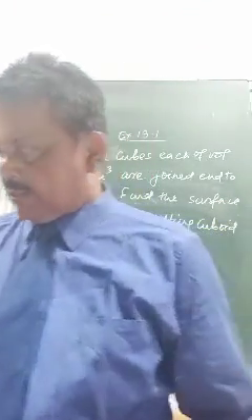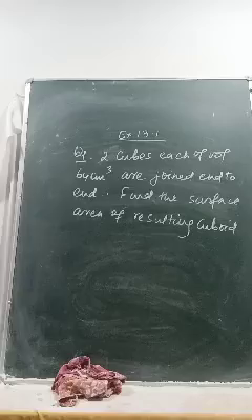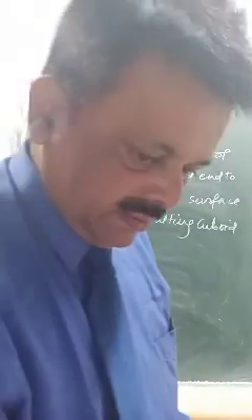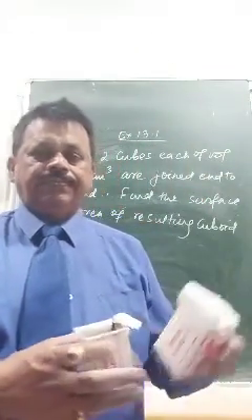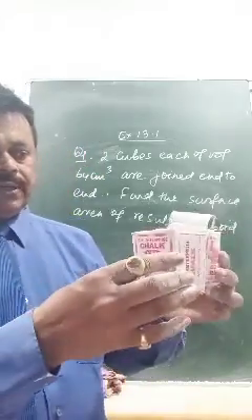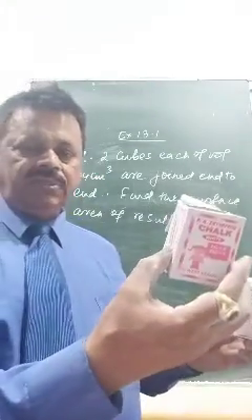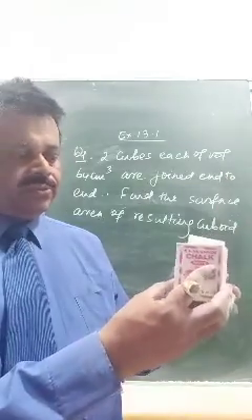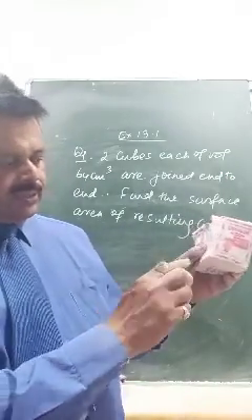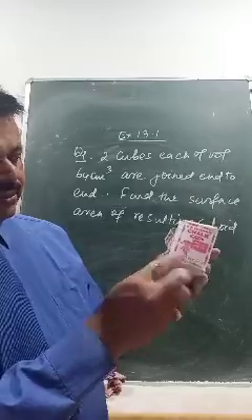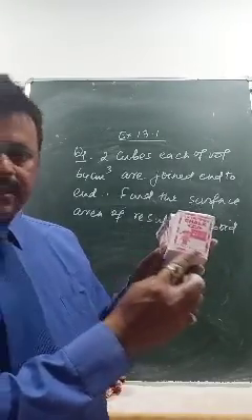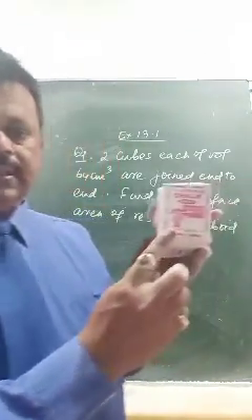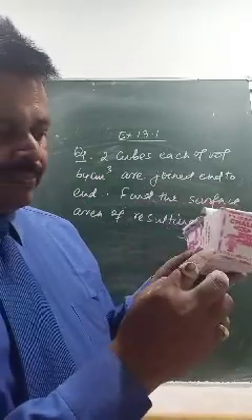Resulting cuboid. So to understand that, look here. There are 2 cubes. You join 2 cubes like this. Each has a volume of 64 centimeter cube. But when you join them, what you see is the base remains the same.